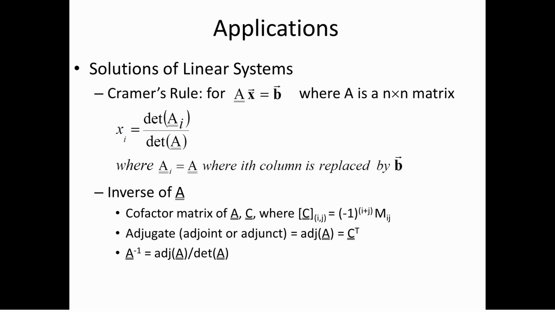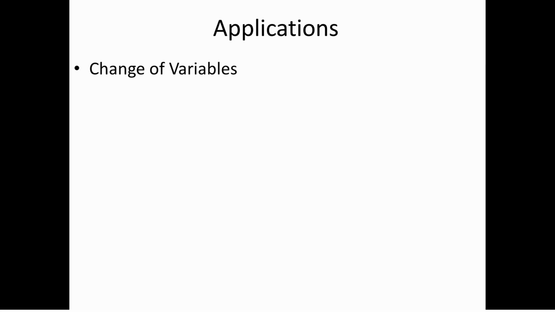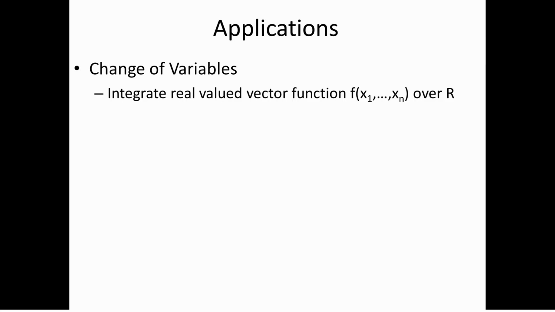Okay, the last property that we're going to use in our next section is change of variables. So very often with probability densities, we're going to want to change variables. And so we may have, for example, some sort of real valued vector function. In our case, it'll be something like a multivariate normal distribution, okay? And we want to integrate it over some region R, okay?